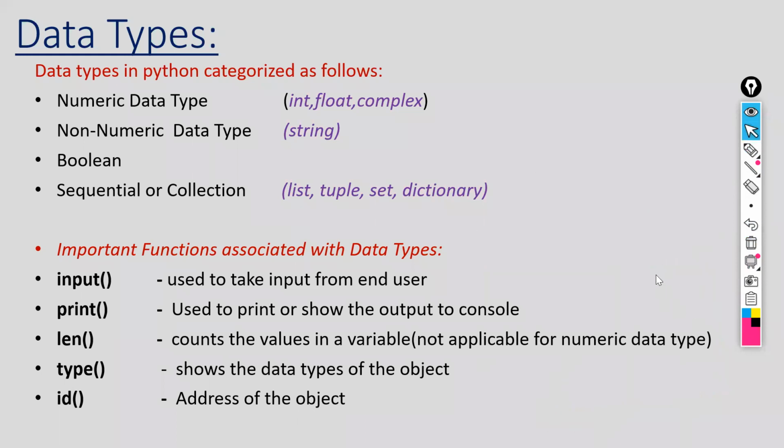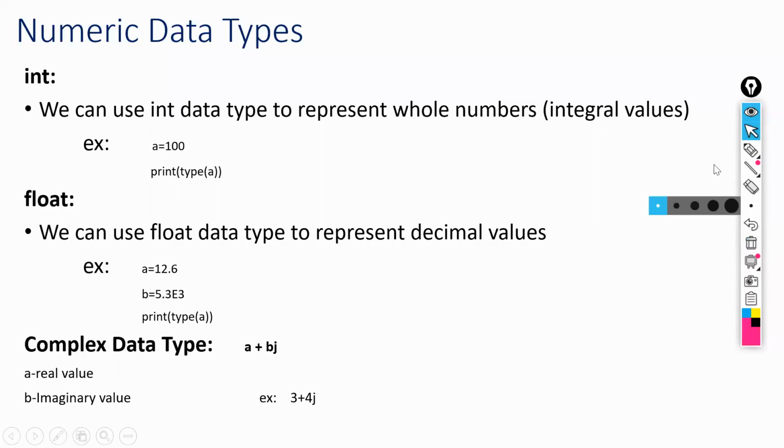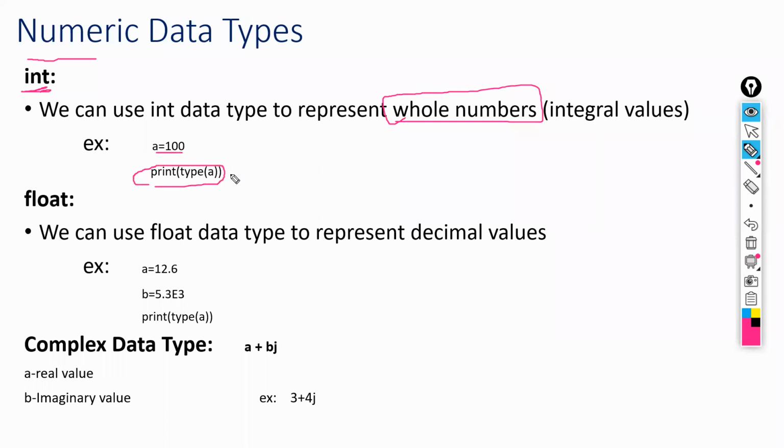Next, you're very familiar with numeric data types; I have already explained them. What do you mean by int? Integer, which represents whole numbers. For example, a equal to 100. If you print type of a, it simply gives int.